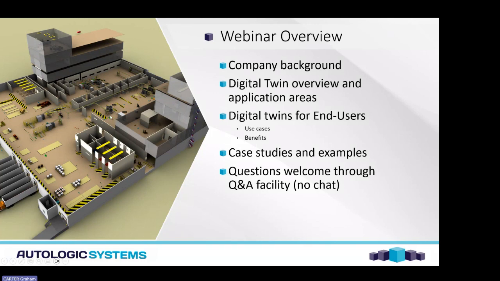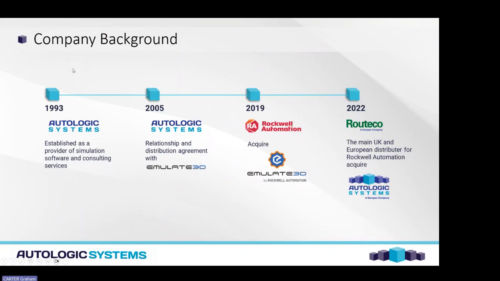Okay, great. So just to kick off, a bit of background to Autologic Systems. We celebrated our 30-year anniversary last year in November, established in 1993, very much doing the same things that we do today. We were always providing 3D digital twins to customers, typically simulation models, and providing a consulting service. In 2005, we partnered with a company called Emulate3D, who were developing highly innovative software for digital twins.